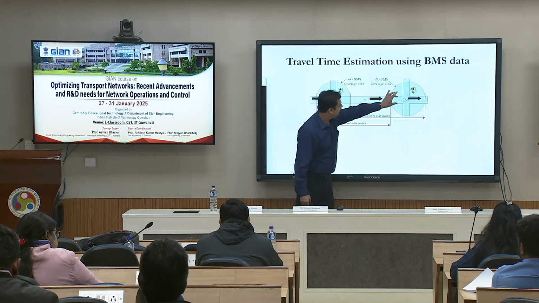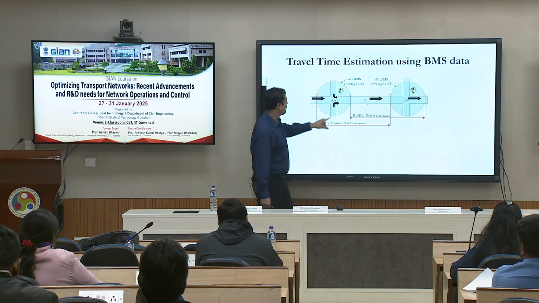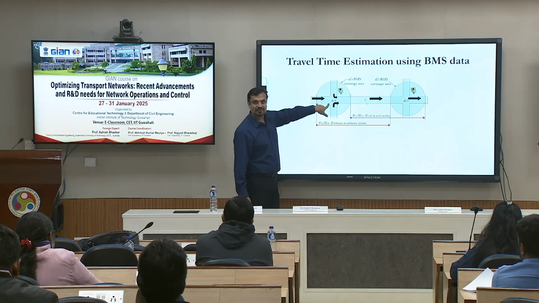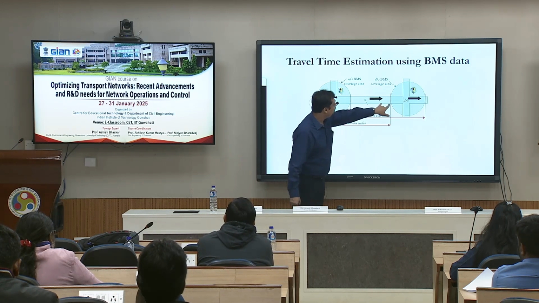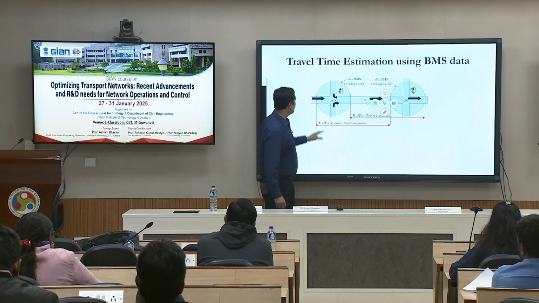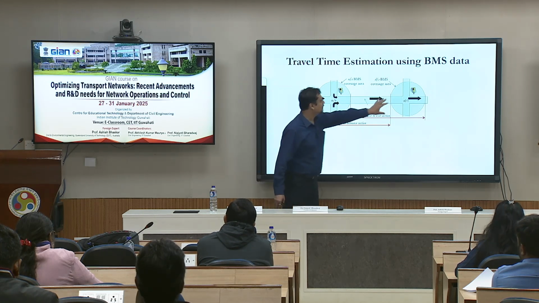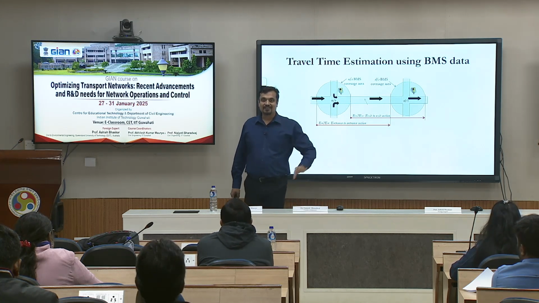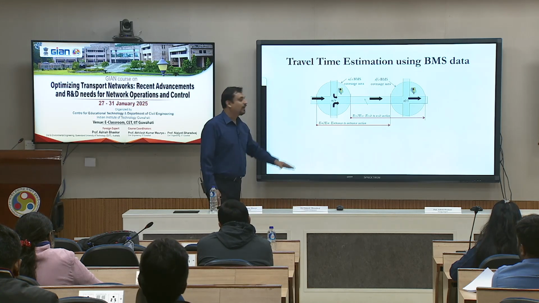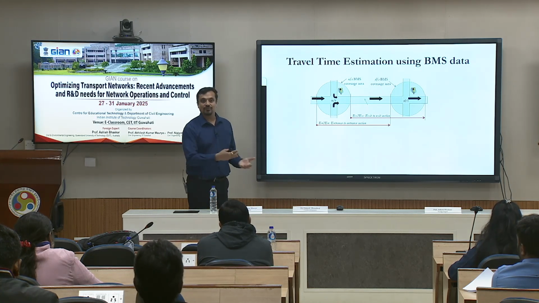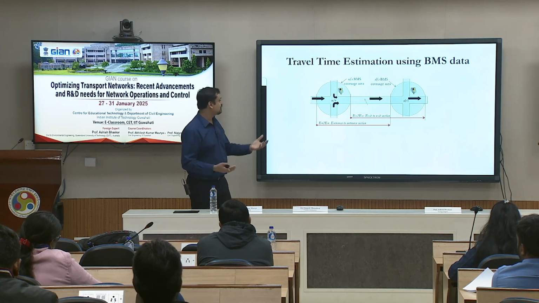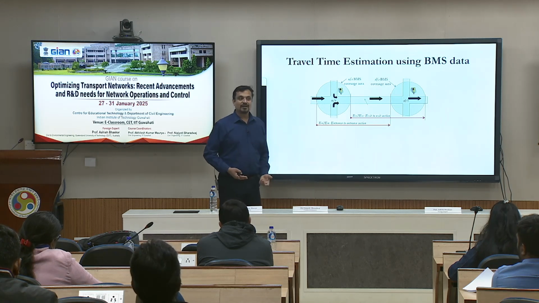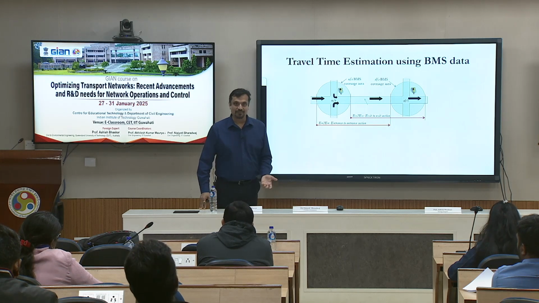The queue will be formed there, right? So a part of the queue you have captured, and if there is any leftover queue or spillover queue, you have captured that one. It doesn't tell you at all how much was the delay for this link or how much was the delay for that link. So entry to entry is not telling you any delay. Both of them are basically partial delay from upstream and maybe partial delay from downstream.